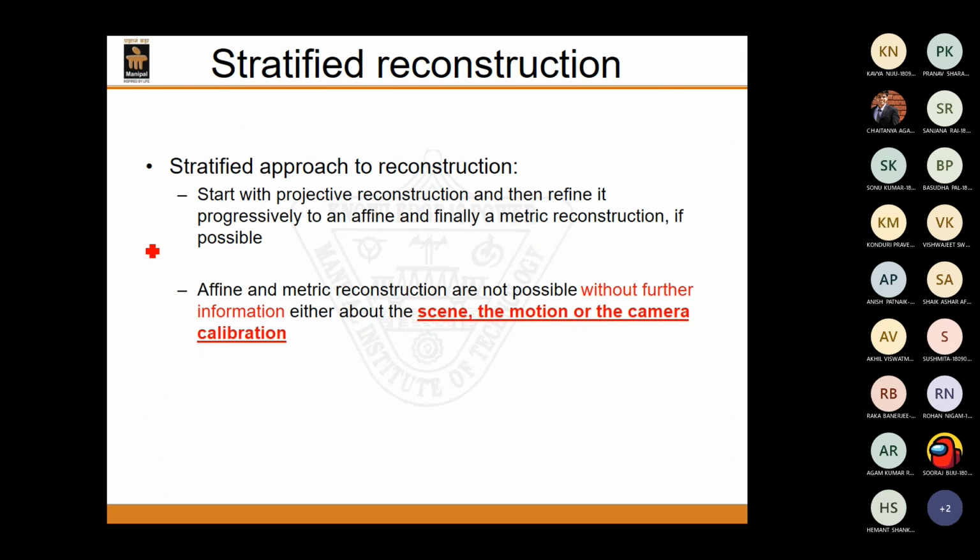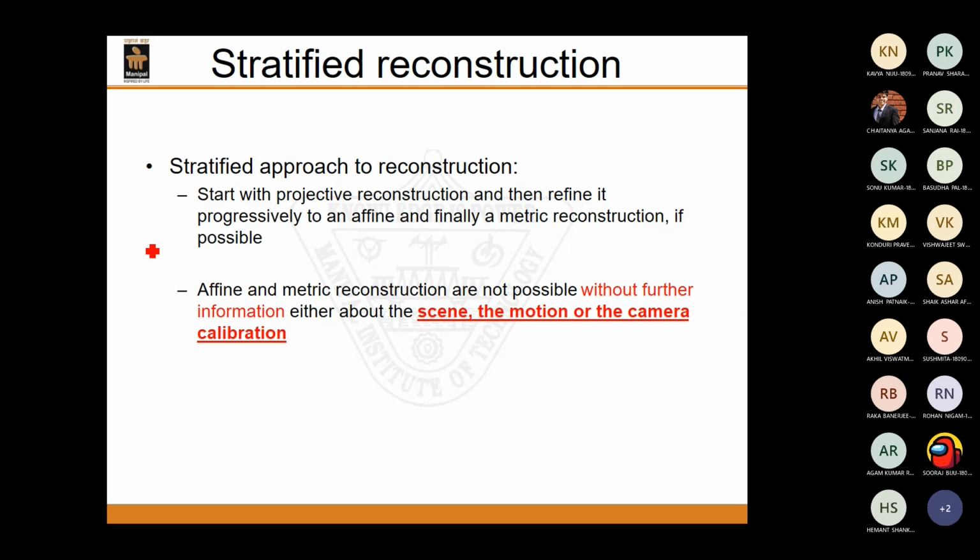Okay, so how do you exactly determine the metric reconstruction from the projective reconstruction? What I said earlier was that first you need to find a projective reconstruction, and from that you can convert it into an affine reconstruction or Euclidean reconstruction based on your application or requirement.